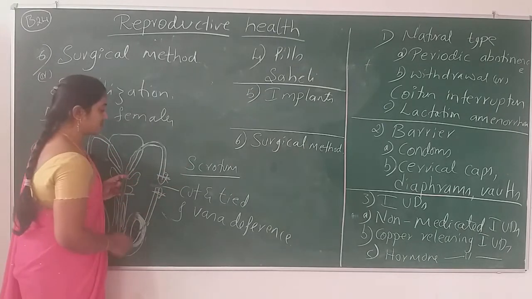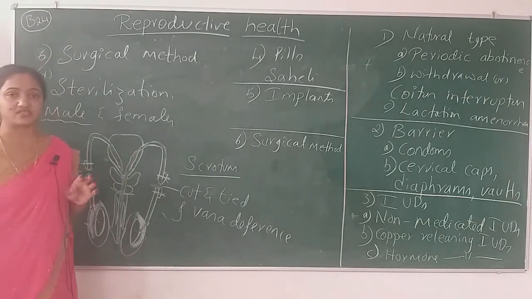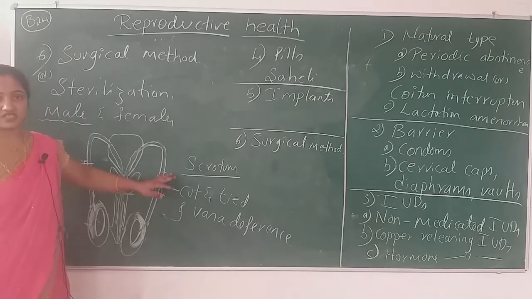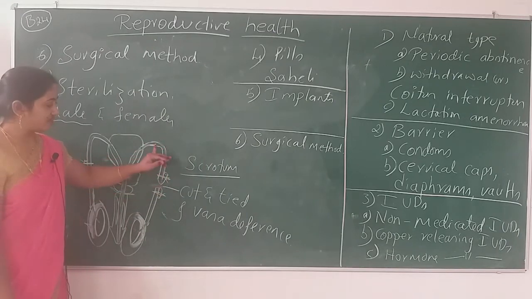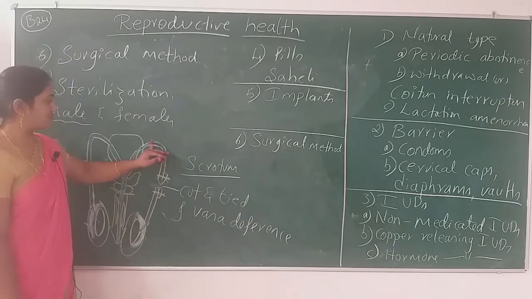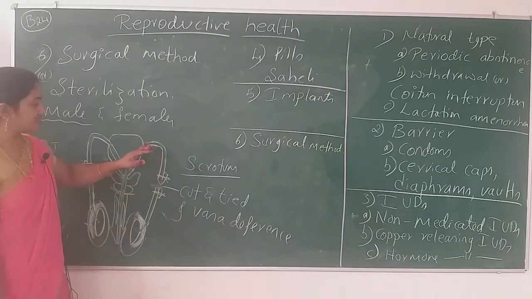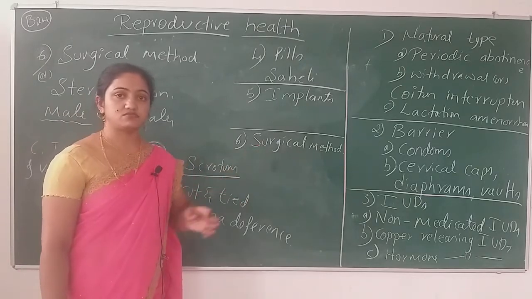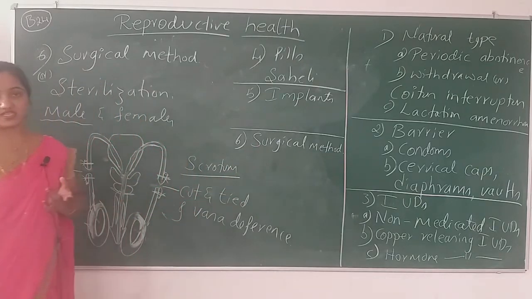They would cut the vasa deferens and leave it as it is. After a few days, it would get joined, and the sperm would get released through this way and pass out through the external genitalia.